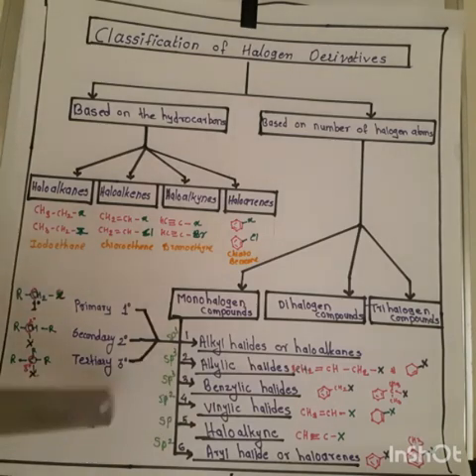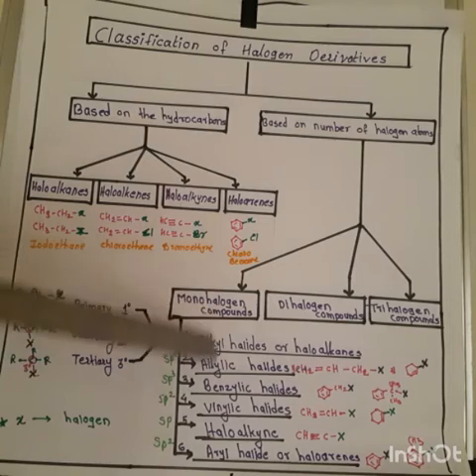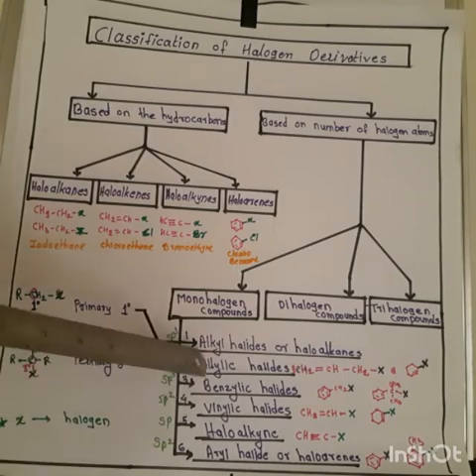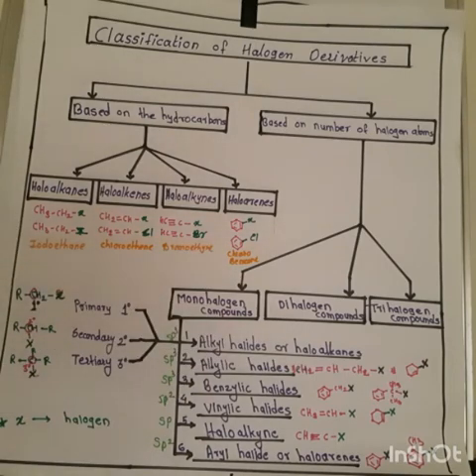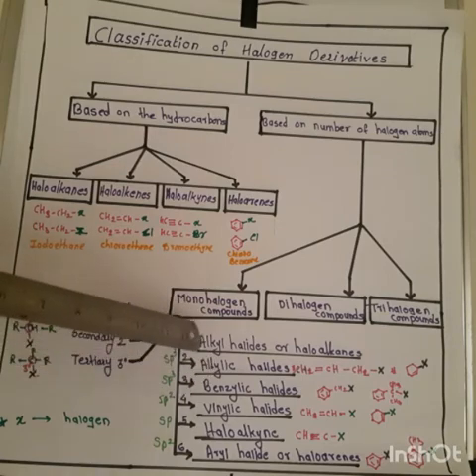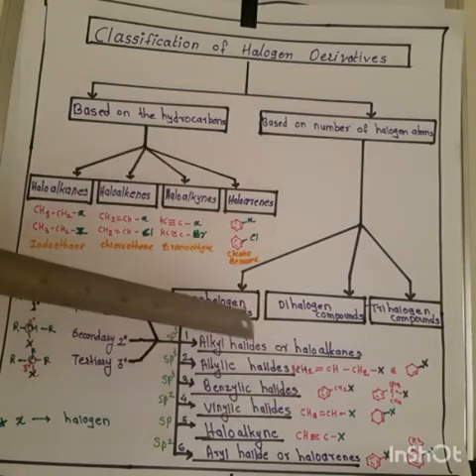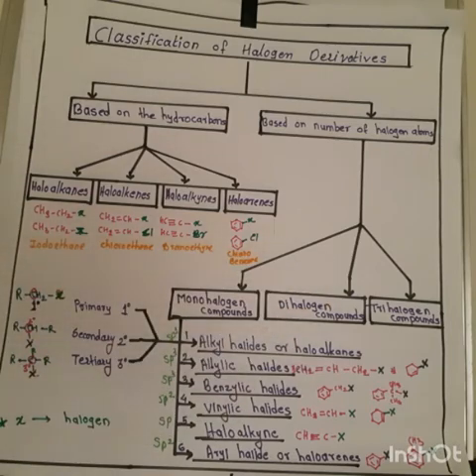Okay, so let's see monohalogen derivatives. In that, first one, alkyl halides or haloalkanes. These are the compounds formed as primary, secondary or tertiary monohalogen compounds. The definition of alkyl halides is: in haloalkanes, the halogen atom is bonded to an sp3 hybridized carbon atom, which is a part of a saturated carbon skeleton.